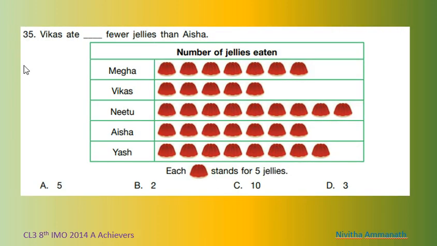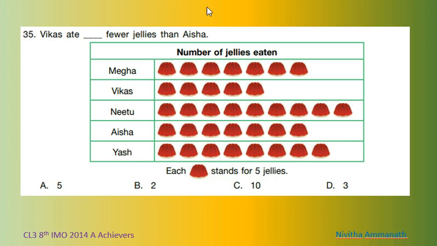In this session, last question, 35th question. Vikas ate dash fewer jellies than Aisha. Vikas, Aisha. How many more here? 1, 2, 3, 4, 5 is here. Here Aisha has 1, 2, 3, 4, 5, 6, 7. 2 more. That is 1. This stands for 5 jellies. So 2 5s. That is 10.